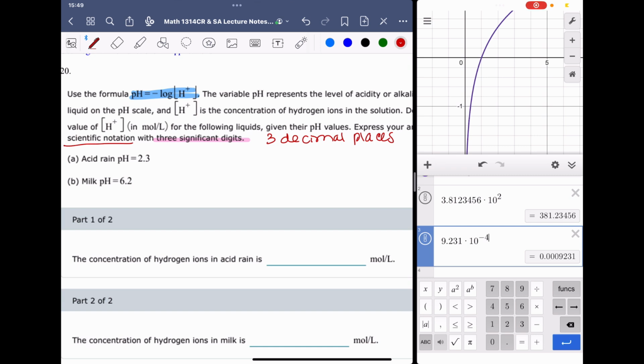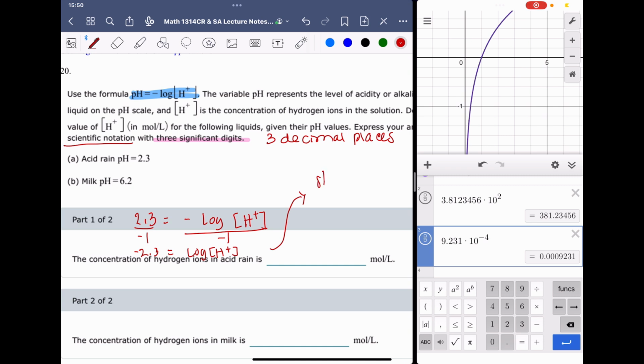The setup would be 2.3 equals negative log of the hydrogen ion concentration. But instead of doing that, you make this a negative pH, because you have to divide out that negative 1. So then it becomes negative 2.3 equals log of the hydrogen ion concentration.